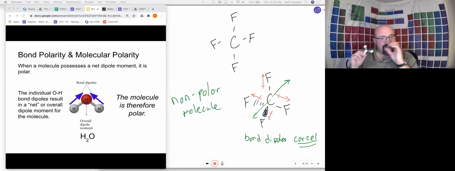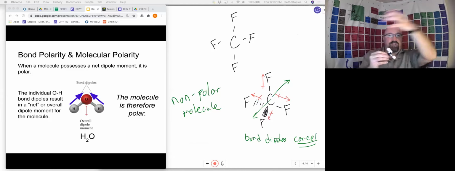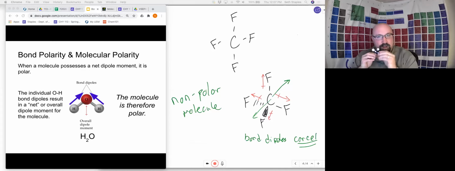And again, let's think back to what a dipole really is. A dipole is an area in the molecule that has a buildup of negative charge due to a difference in electronegativity. In the case of something like CF4, yes, we absolutely have some electrons being pulled out, but they're being pulled out equally in all directions. So there's no area in this whole molecule that has a buildup as compared to another area along the outside.